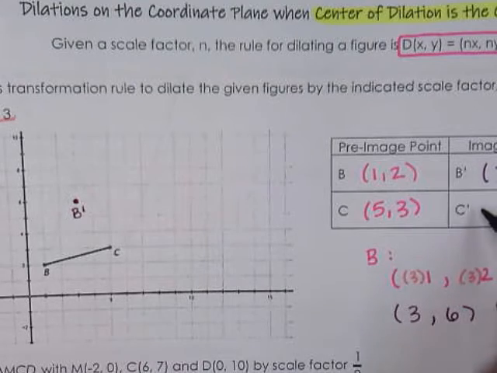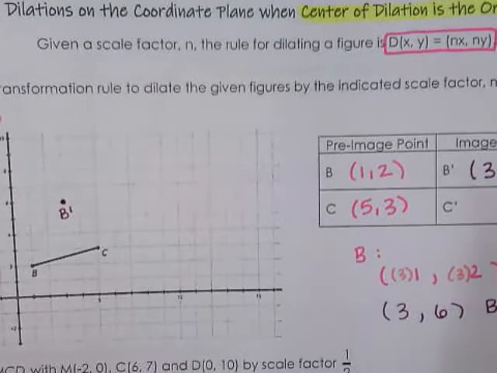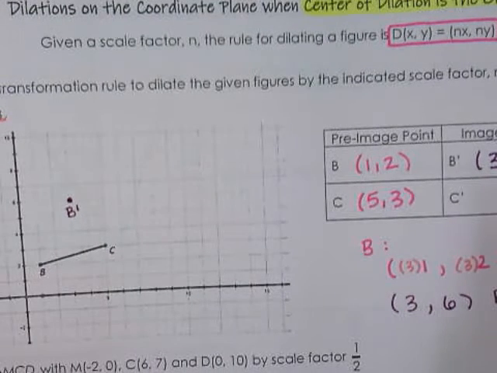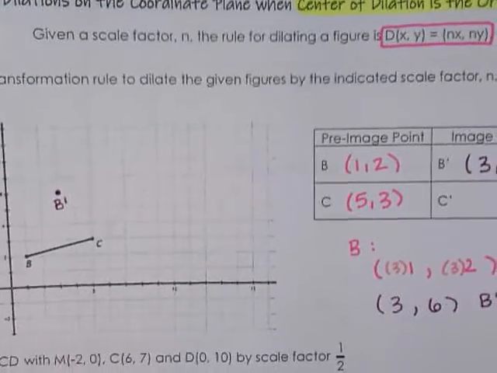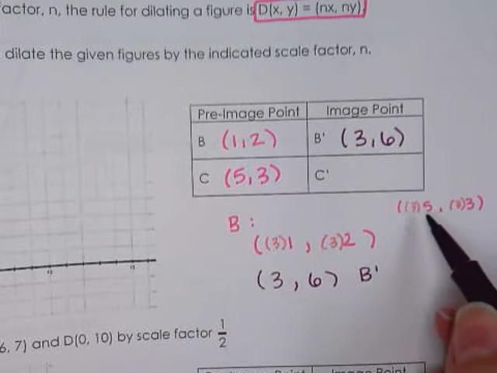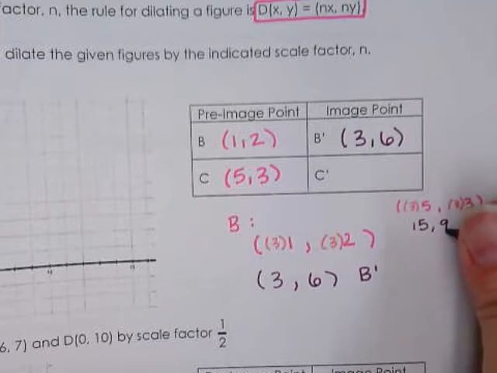Now we'll do the same for C prime. So we're going to take the original C, which was (5, 3), and I'm going to multiply by the scale factor of 3. So I multiplied both by 3. 5 times 3 is 15, and 3 times 3 is 9.